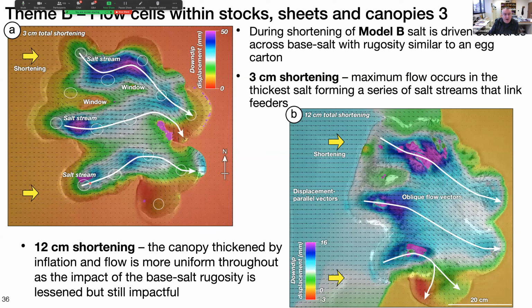So this is where you've got areas of fast moving salt here. As we thicken up, the flow within this system becomes a little bit more uniform, but it's still strongly impacted by the edges of the canopy system.